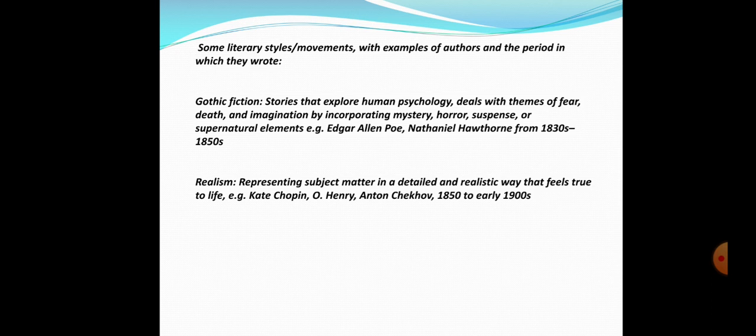They deal with themes of fear, death, and imagination by incorporating mystery, horror, suspense, or supernatural elements. And the famous writers of such stories are Edgar Allan Poe and Nathaniel Hawthorne, and the period in which they wrote is from the 1830s to the 1850s.